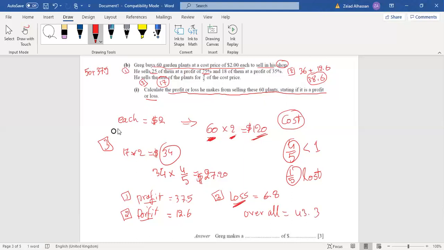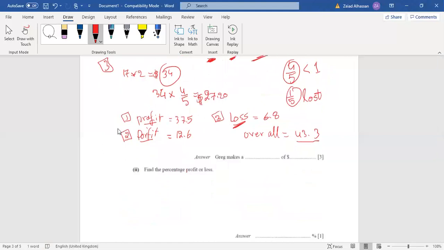So he has a profit, he makes a profit of $43.3. Find the percentage profit or loss.